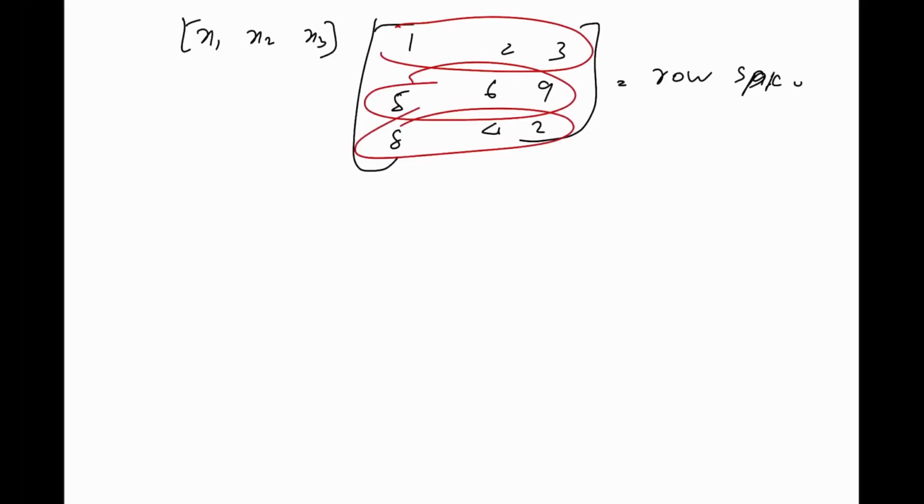You can clearly see you get a row vector, something like this: x1 plus 5x2 plus 8x3, and 2x1 plus 6x2 plus 9x3, comma, and 8x1 plus 3x1 plus 9x2.